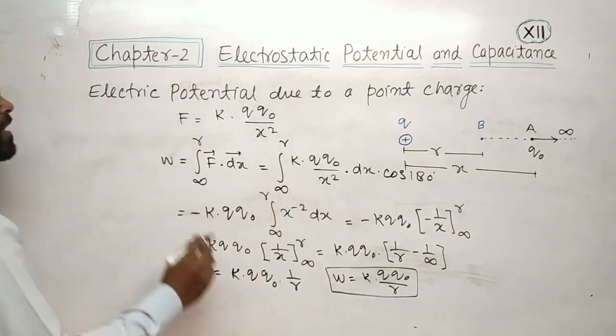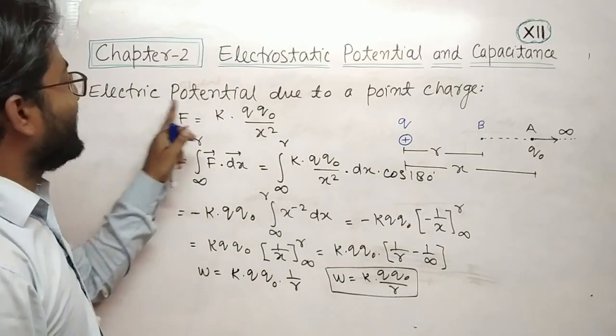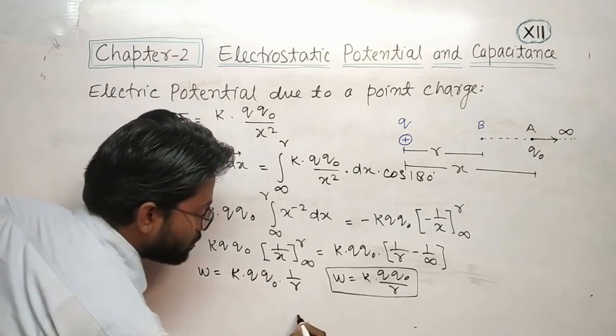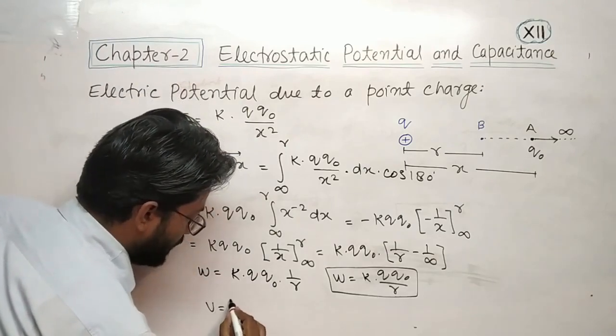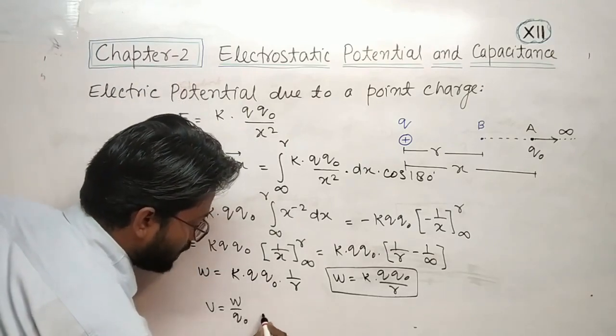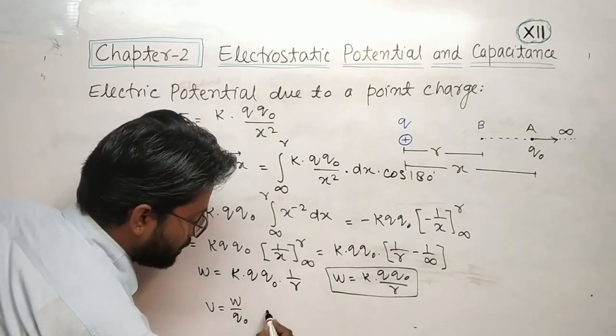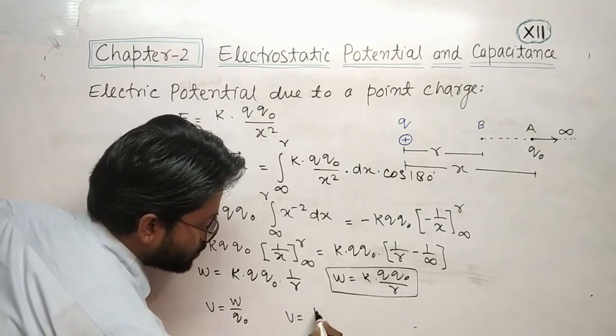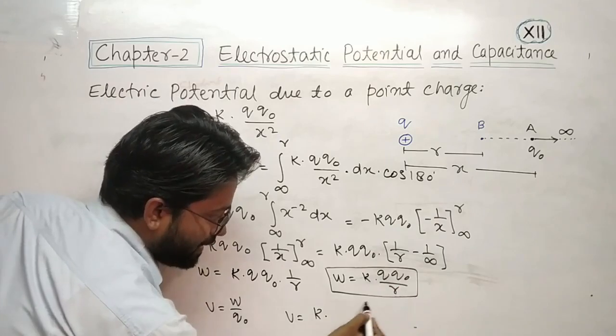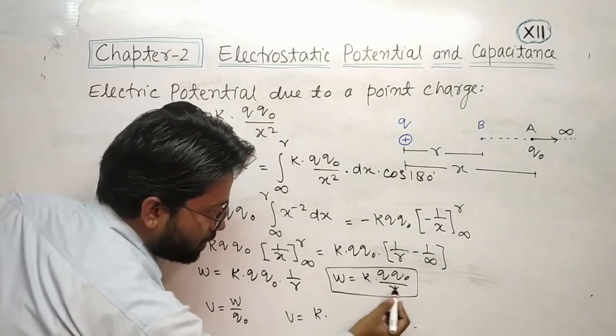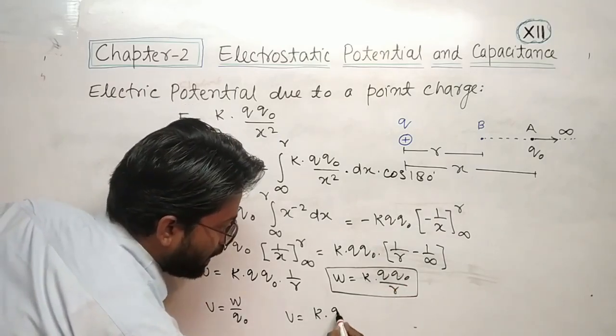This is the work done, but we need to calculate electric potential. We also know that electric potential V is equals to W upon Q naught. Q naught means V will be equals to K. If we divide by Q naught, it will be cancelled out.